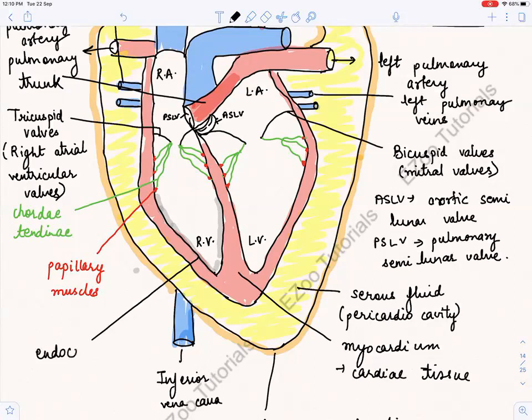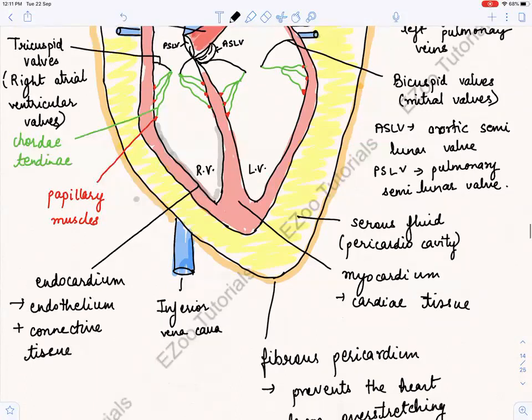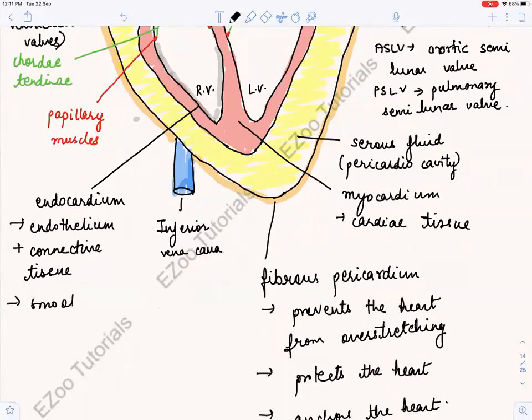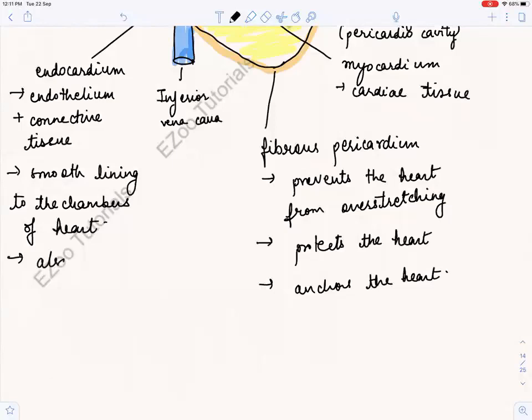It is a thin layer of endothelium and some connective tissue. And what will it do? It will provide a smooth lining to the chambers of the heart. And it is present in the walls also, so you can write here also on walls. So this much is clear to you.